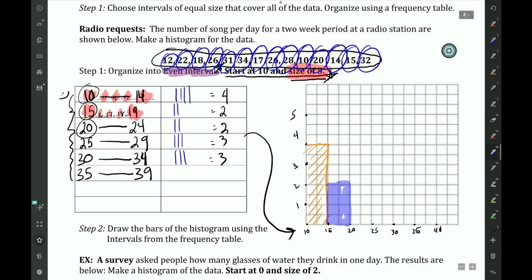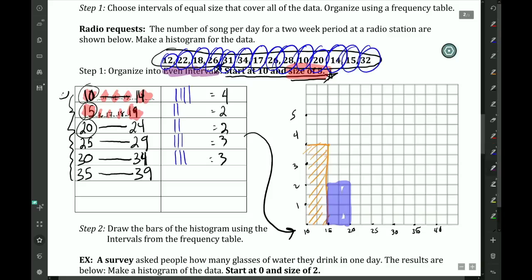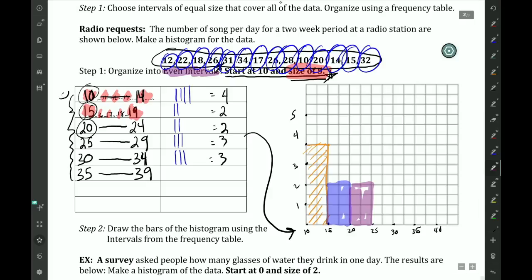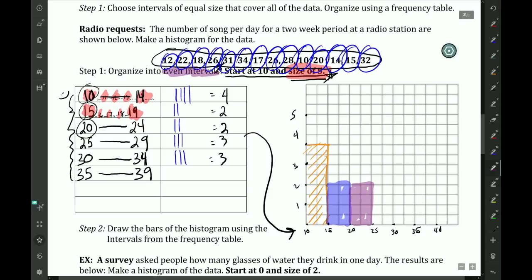Look at those colors, nice. 2 things from here as well, 20 to 25, to 24 technically. 3 things from 25 to 29. And also 3 things from 30 to 34. Let's use another color. Okay, that is the basics.